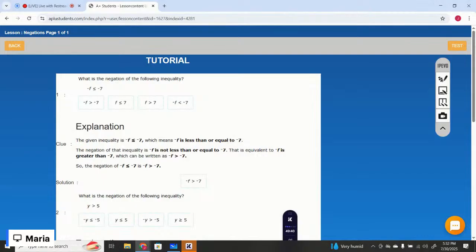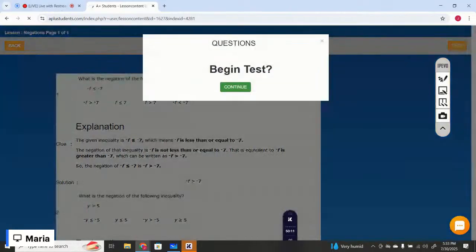The negation is negative f is greater than negative 7. Option number 1 is the correct option. Let's just start with the test questions.